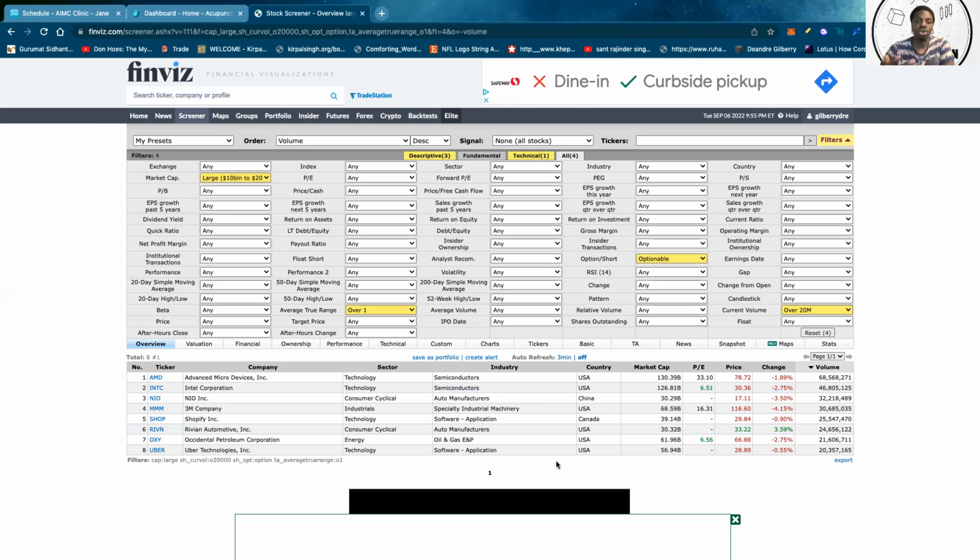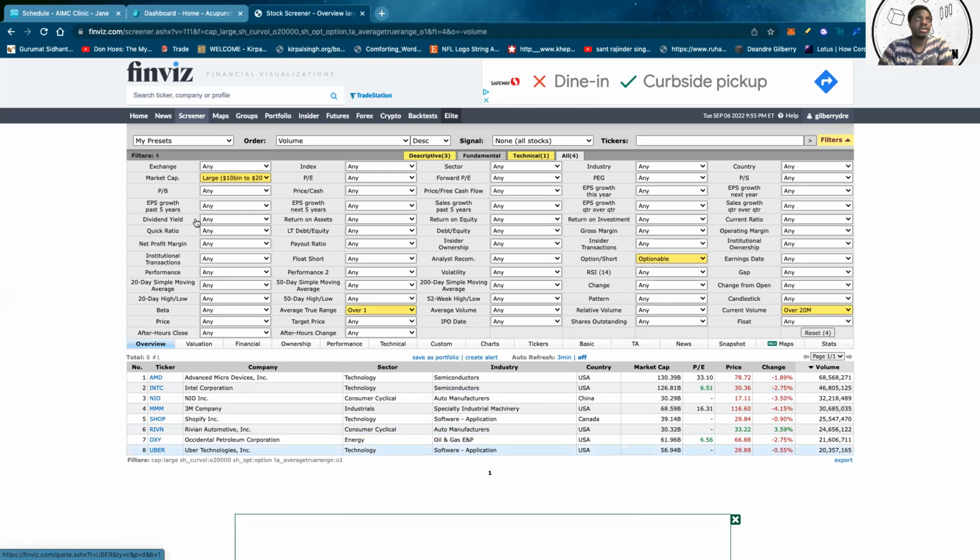Of course, do your own research. But I hope this Finviz screener helps you narrow down your watch list and look at some tickers to play. You can play around with some of these functions as well, like above the 20-day moving average.